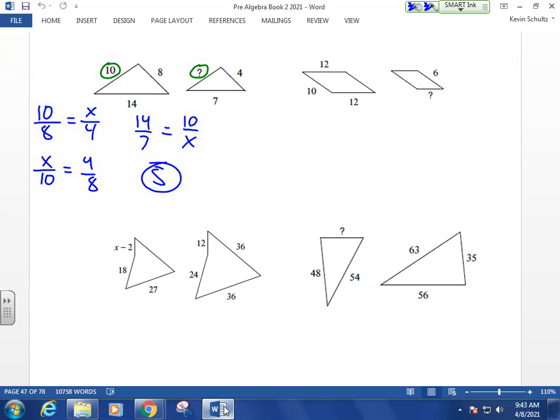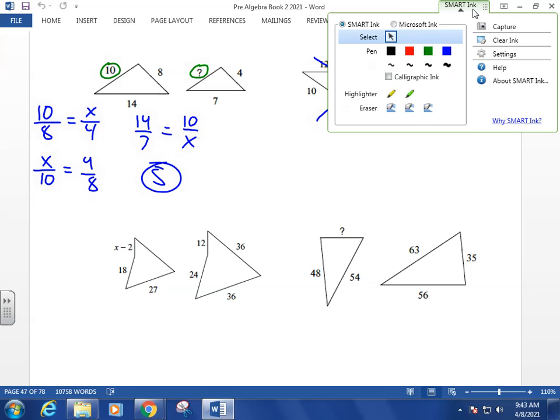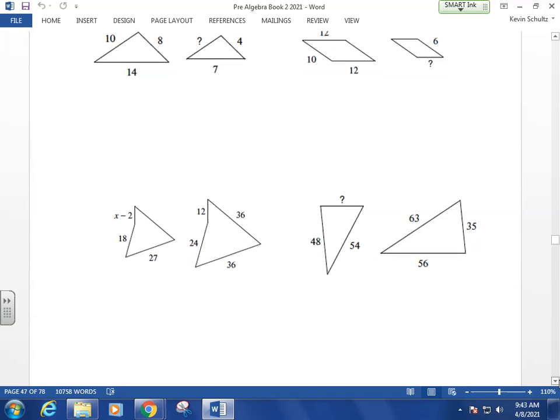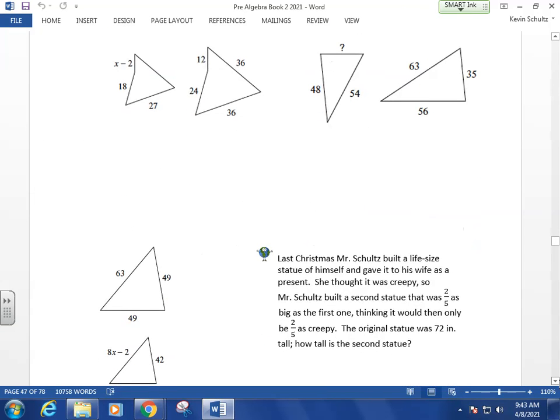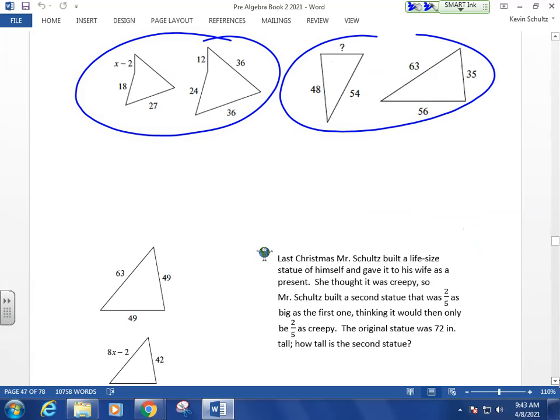Your homework for tomorrow, I do not want you to do that one, so you can X that one out. If you already did it, kudos, but not necessary. I would like you to do the 2 in the middle. Note that this one here has an x minus 2.